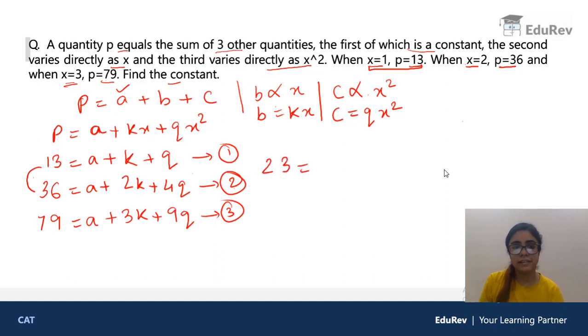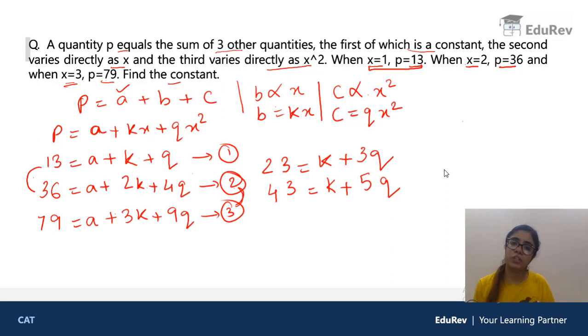A will get cancelled. 2K minus K will become K. 4Q minus Q will become 3Q. Similarly, let's subtract 2 from 3. So 79 minus 36, 9 minus 6 will become 3, 7 minus 3 will become 4, is equal to 43. A will get cancelled, 3K minus 2K is K again, plus 9Q minus 4Q is 5Q.